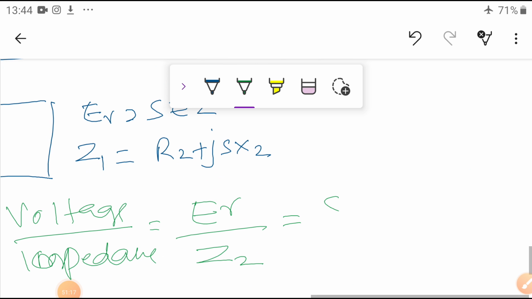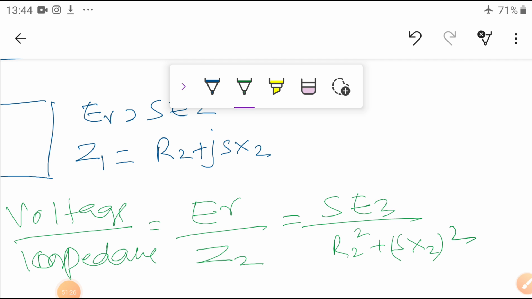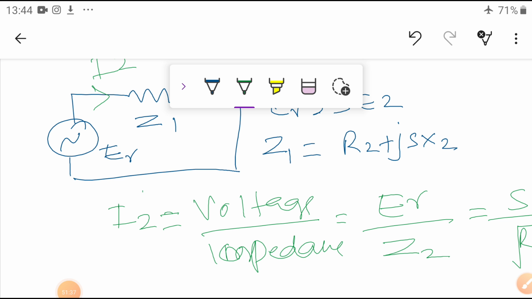That is equal to S into E2 by the square root of R2 whole square plus Sx2 whole square. That is the rotor impedance value at slip speed. This is the value of I2.